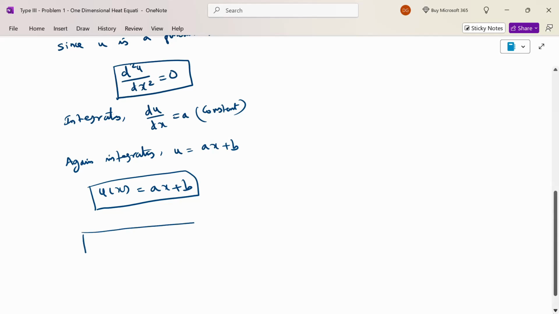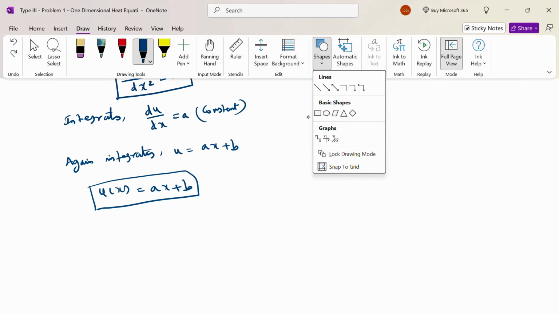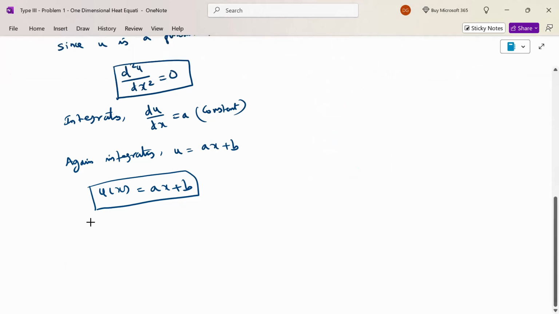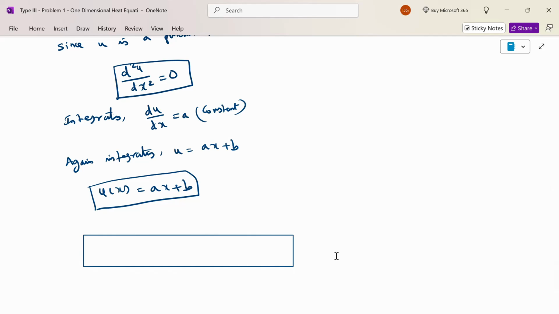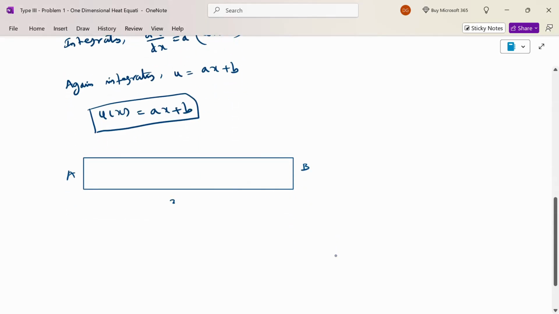Now I am going to consider this rod, with one end A and another end B. The length is 30 centimeter, so x from 0 to 30 centimeter.